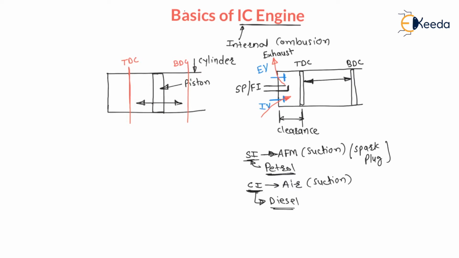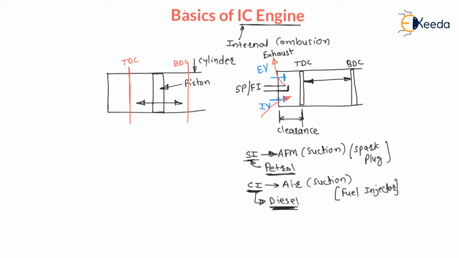And if it is a CI engine, compression ignition engine, where diesel is used as the fuel, then a fuel injector is used. My dear students, these SI engine or petrol engine and CI engine or diesel engine we are going to see in detail in further lectures.